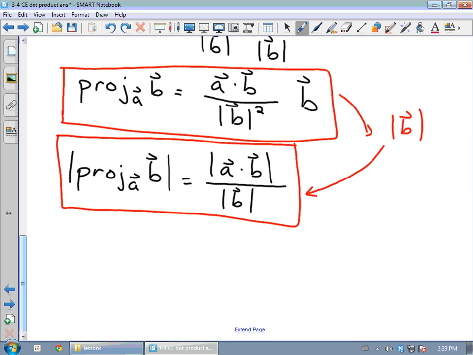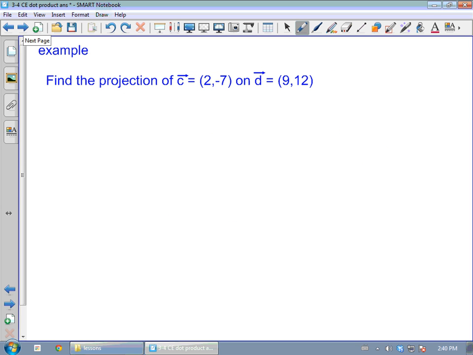All right, so let's take a look at an example of how you're actually going to use this. Here's our example. Find the projection of C onto D if C is (2, -7) and D is (9, 12).